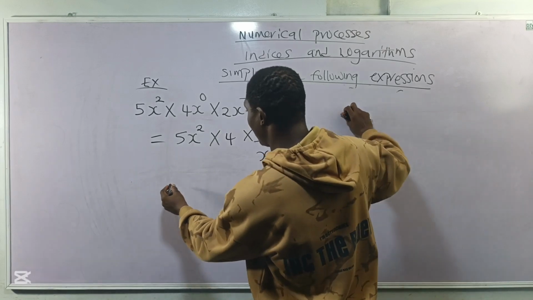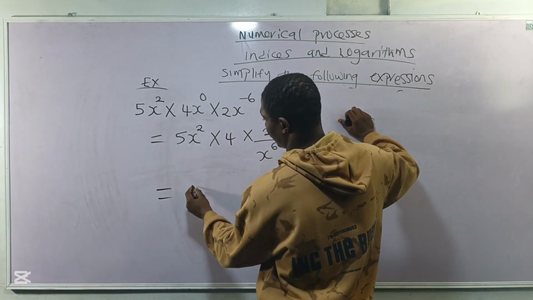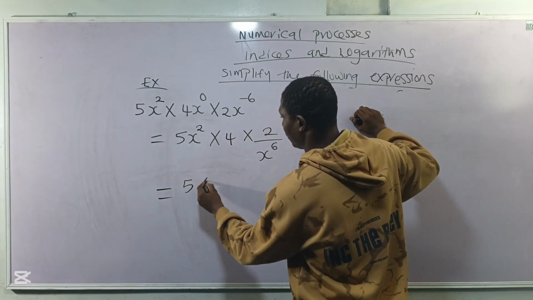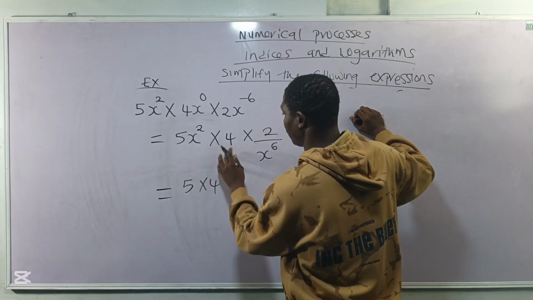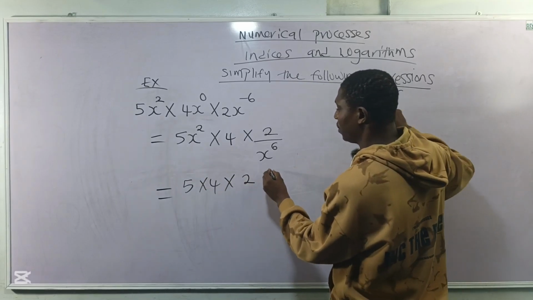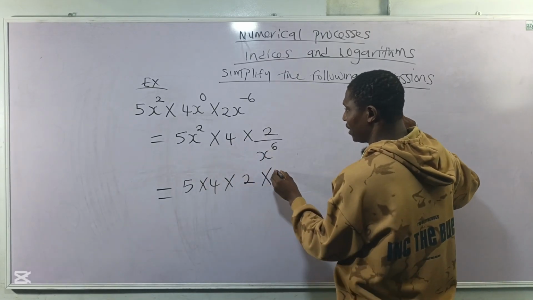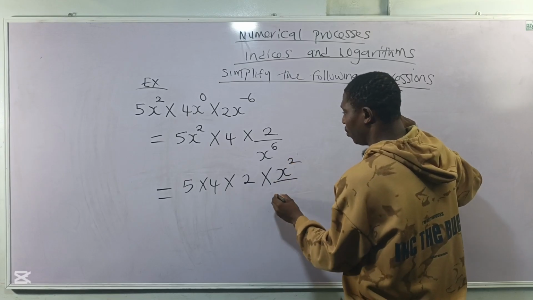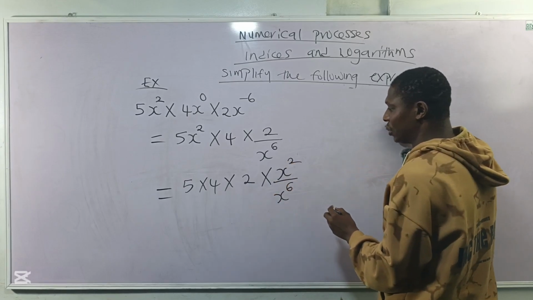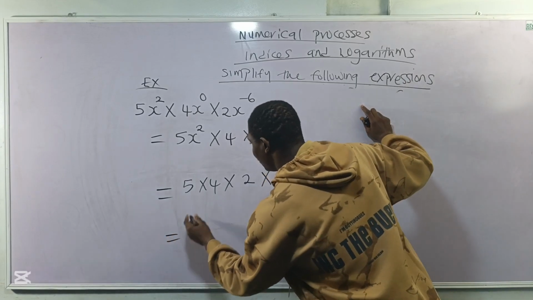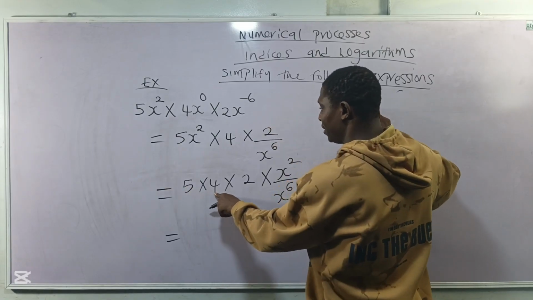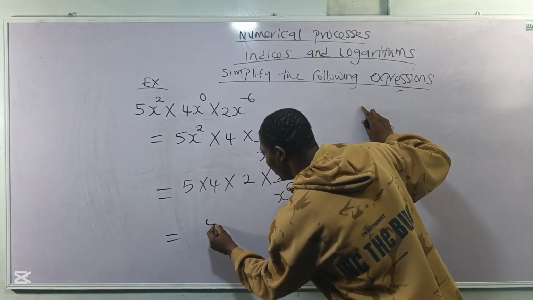So therefore, I simply have 5 times 4 times 2 times, I'll bring my s to this side, s raised to power 2 all over s raised to power what? 6. This becomes 5 times 4, 20 times 2, 40.